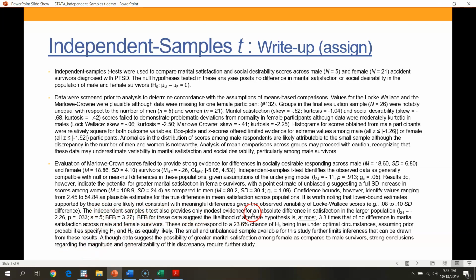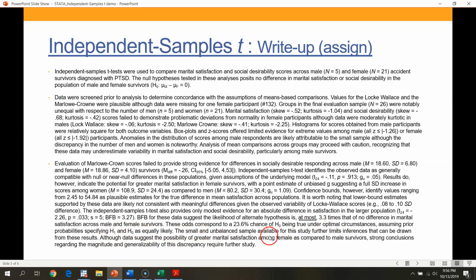Our independent sample t-test also provides only modest evidence for absolute difference, right? And then here we're talking about our Bayes factor. The Bayes factor bound for these data suggests the likelihood of an alternate hypothesis is at most 3.3 times that of no difference in marital satisfaction across male and female survivors. Odds correspond to a 23.6% chance of the null hypothesis being true under optimal circumstances, assuming prior probabilities of the null and the alternate are equally likely.